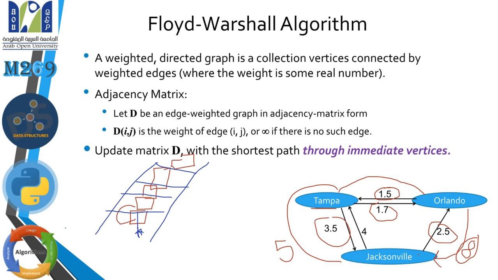What is the difference between dynamic programming and what they call divide and conquer? In divide and conquer, the 2 subproblems here and here must be independent. But in dynamic programming, there might be some sharing between the subproblems.